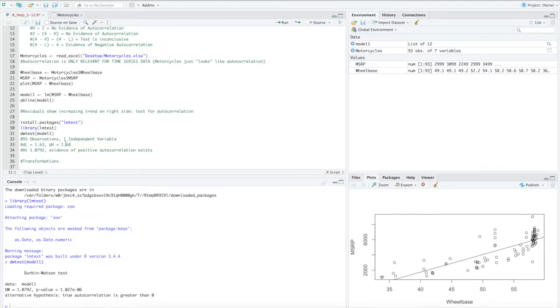So while we do have what looks like autocorrelation in this data set, we wouldn't actually say there is autocorrelation because this is not time series data. Once again, we're looking at wheelbase and MSRP at one point in time, and we're just using this data set because it's a good example of what autocorrelation would look like if it were time series data.